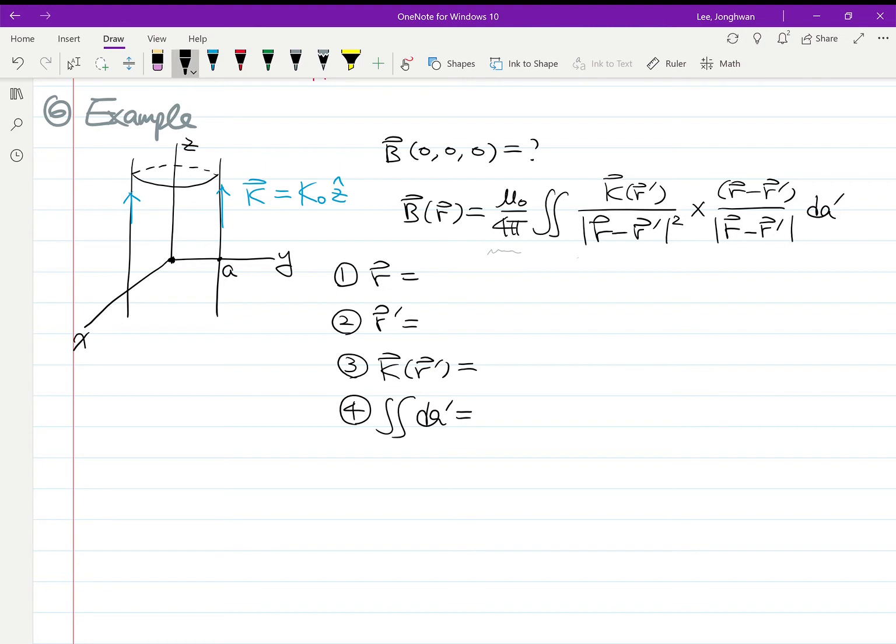So in this specific question, the measurement position r is just the origin, and for r prime, you can pick a specific position on the surface current. We have a surface current along the cylindrical surface. You can think about a small point here, and you can express this position vector r prime using any coordinate variables.